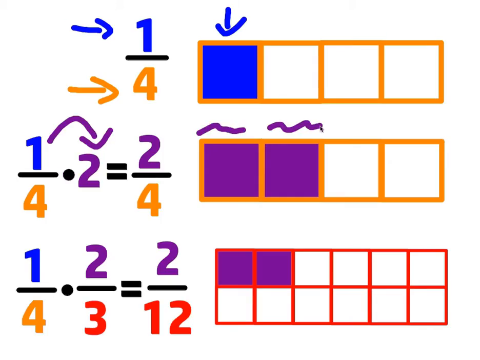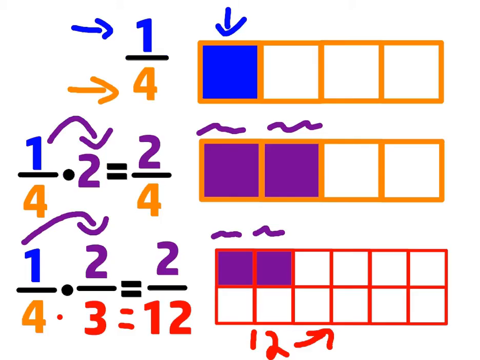We have 4 purple squares and 4 total squares, 2 of them not filled in. And if we take 1/4 and multiply that by 2/3, well, we still have 2 parts, but the 4 times 3 gives us 12 total parts now. And that's why we have 12 total blocks.